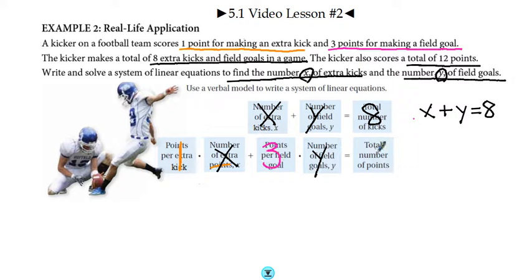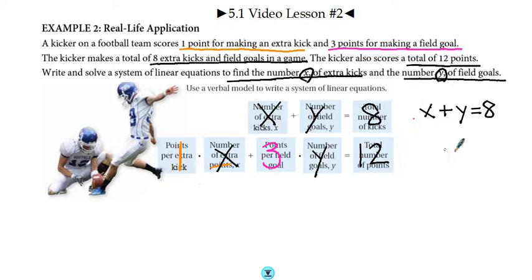The last part is the total number of points. And the story tells us how many points they scored in total. It says total of 12 points. So we're going to fill this in as 12. Now, it tells me to multiply the number of points per extra kick, 1, by x, and then it tells me to multiply 3 by y.